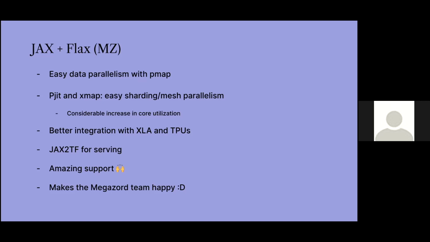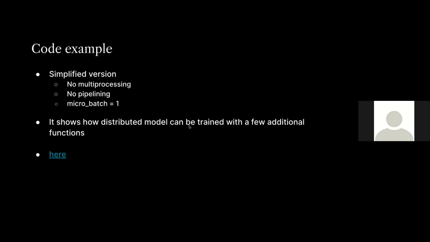And there's just great support. We have the TPU chat where the JAX and Flax folks are always answering any questions we have. And all of that ends up making the Megazord team happy. And now Sid will show you a small proof of concept of using JAX and how you break down models for pipelining.